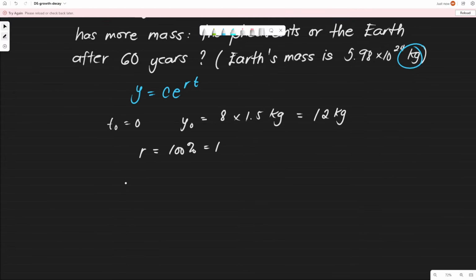So, we have 12 kilograms is equal to C e raised to 1 times T, which is 0. So 1 times 0 is 0, e raised to 0 is still 1. So therefore, what's the value of C? C is equal to 12. Okay? So C is equal to 12.